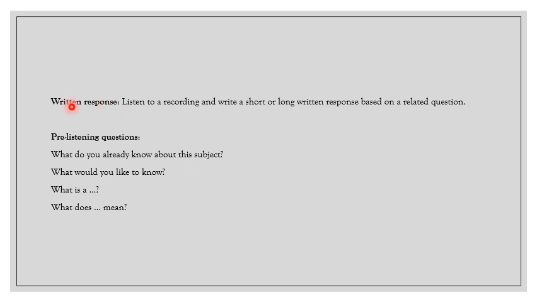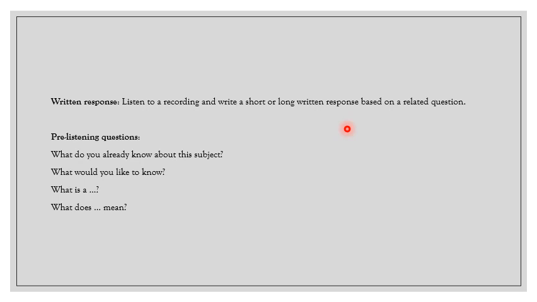Now, written response. As we mentioned earlier, some questions ask you to listen to a recording and then write a short or long written response based on a related question. As I said, this is very similar to the TOEFL iBT listening questions and also writing questions, because this kind of question mixes the two skills.